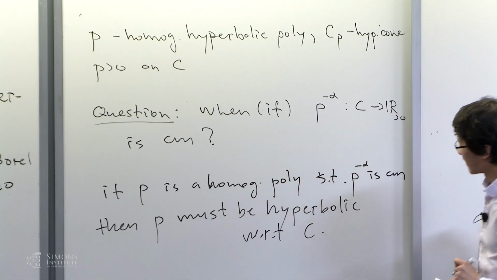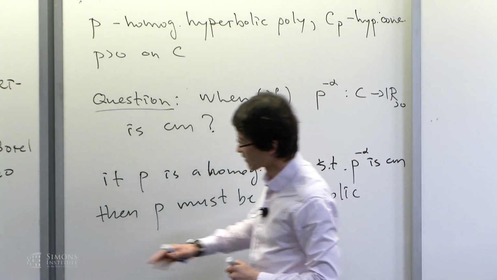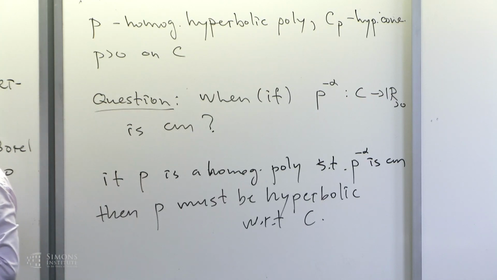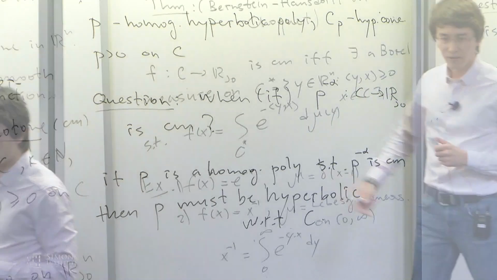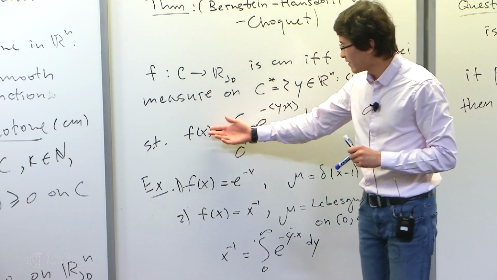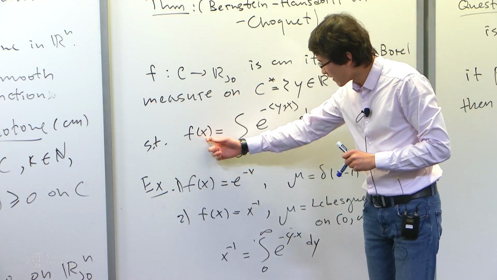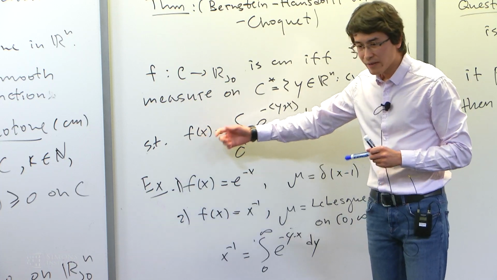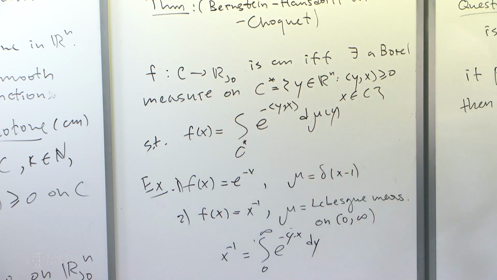Okay, and this essentially follows from this integral representation, because if this representation holds for the inverse power of P, then in fact, it's a theorem, but it's not difficult to prove, that the function can be extended analytically to the tube domain.